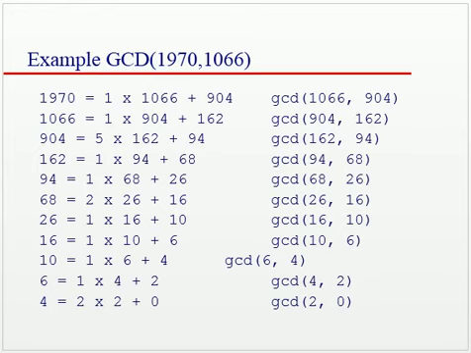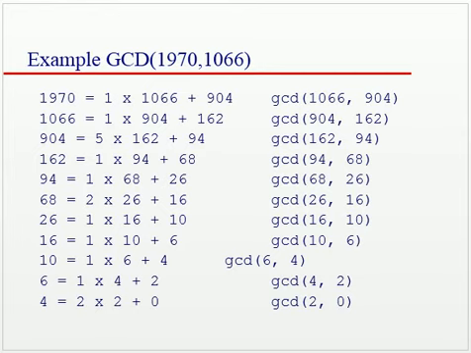Now 68 = 2 × 26 + 16. Again the remainder is not 0. So 26 = 1 × 16 + 10. Then 16 = 1 × 10 + 6. As the remainder is not 0, 10 = 1 × 6 + 4.